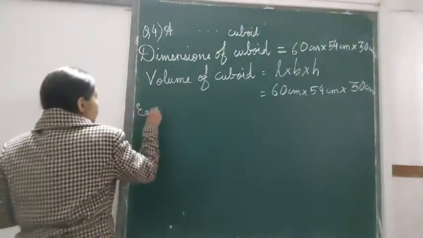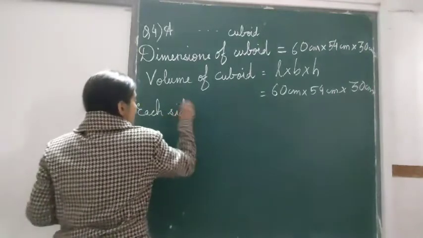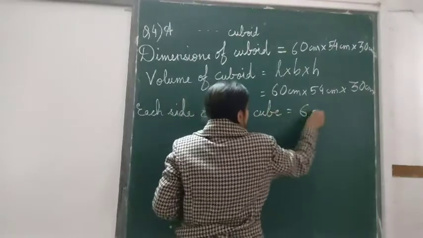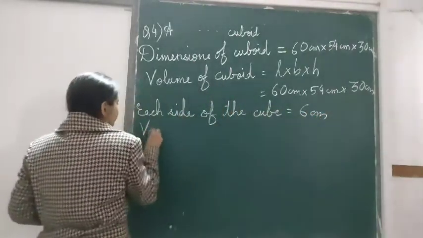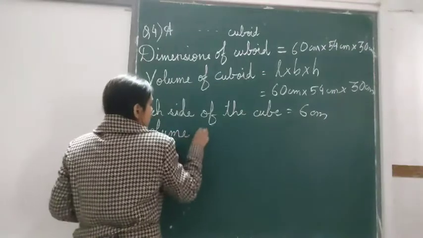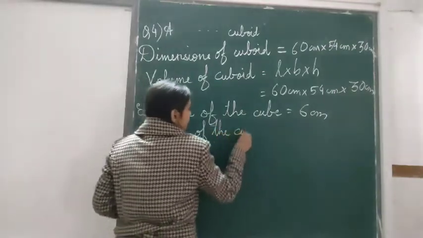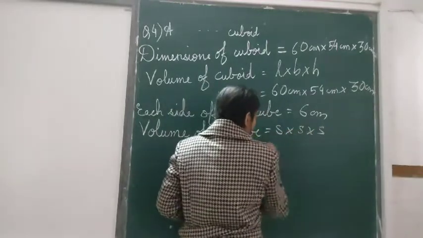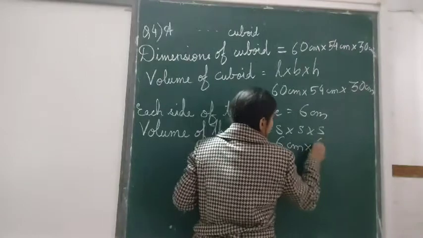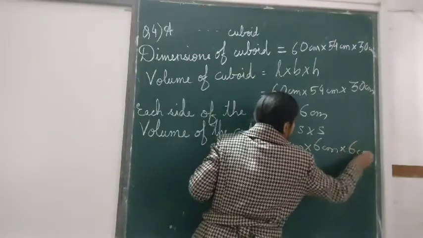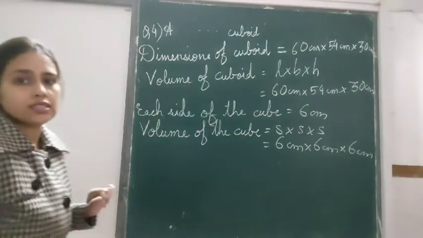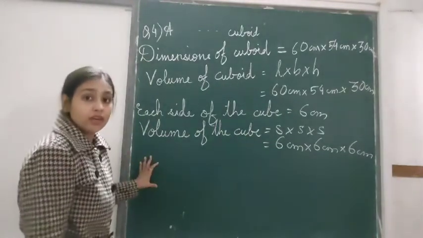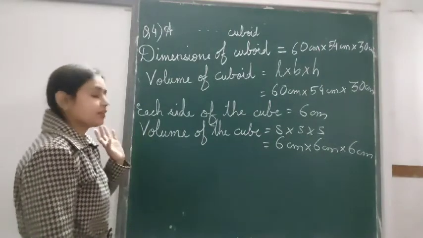Now, each side of the cube. Then volume of the cube, side into side into side, which is equal to 6 centimeter into 6 centimeter into 6 centimeter. Okay. Now, what we have to find out? Number of cubes which will fit in the cuboid.